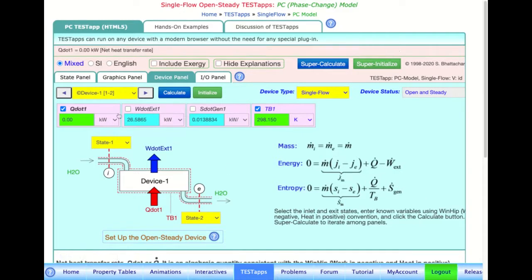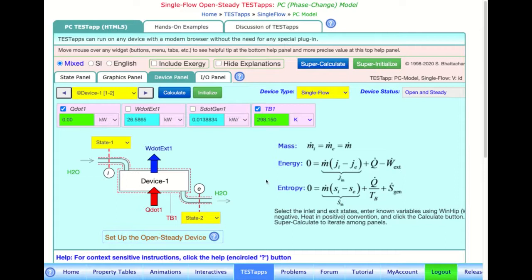And we can then determine that the output is 26.58. So 26.58 is the kilowatts of power that is generated through this turbine as the fluid expands. And we know that a turbine generates work out of the system, which is a positive number. And so we've solved the problem.